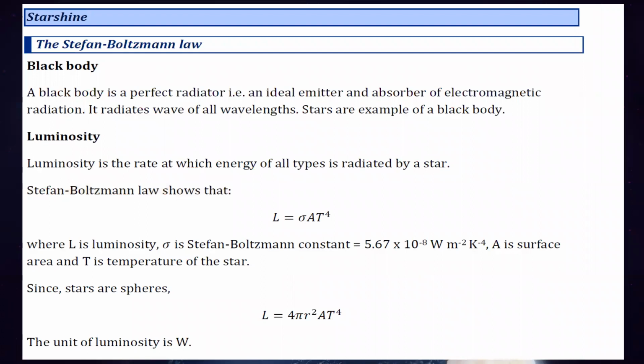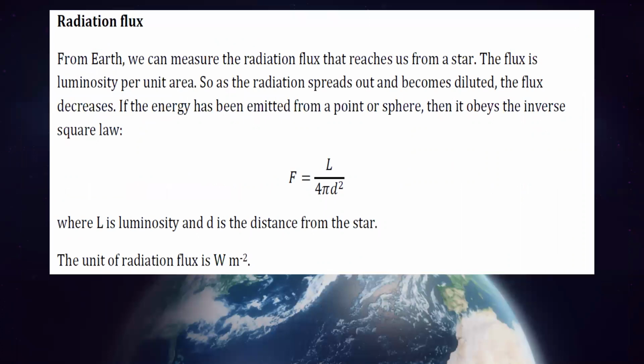So the Stefan-Boltzmann law actually relates the luminosity, the size and the temperature of the star. Then if we want to find the distance of the star or the distance of the object from the source, we can use this formula of radiation flux.